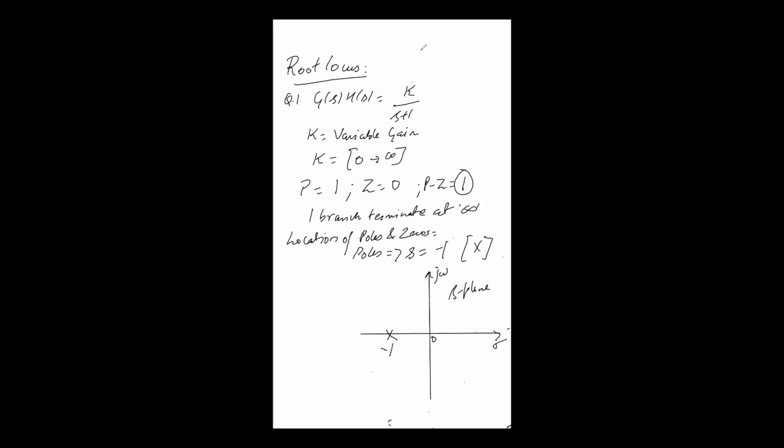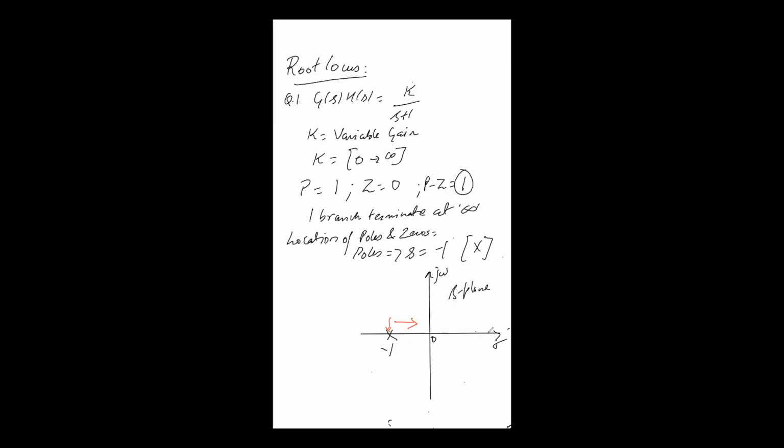If I consider this as my point, and I see the right side of this pole, you will see that the total number of poles and zeros present on my real axis is 0. So 0 denotes an even number. So from this point to plus infinity will not be part of the root locus.